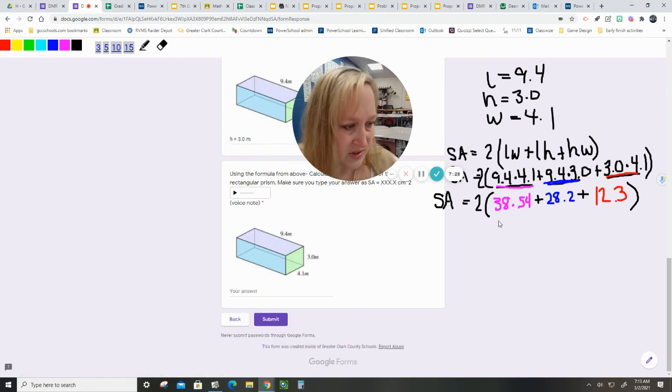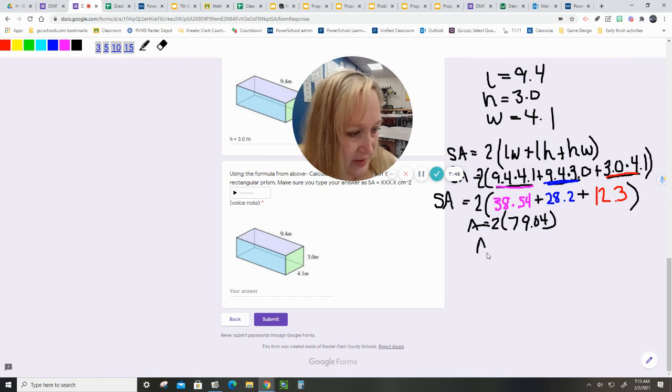When I add them all together inside of the parentheses, I get 79.04. I'm bringing this down because I still need to multiply that by 2. When I multiply it by 2, I get surface area equals 158.08.